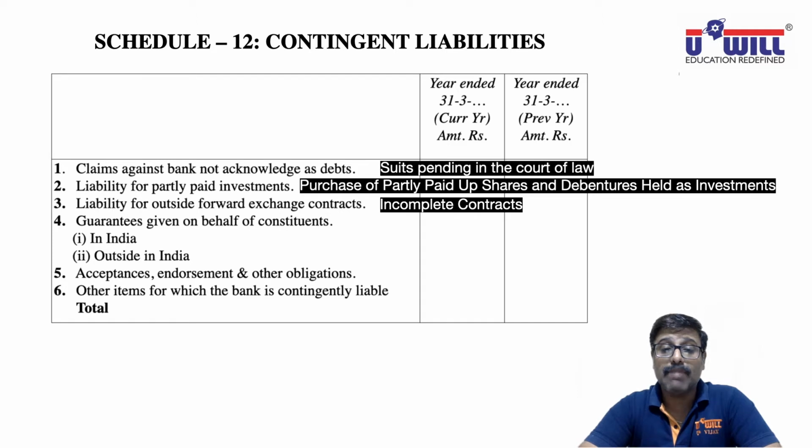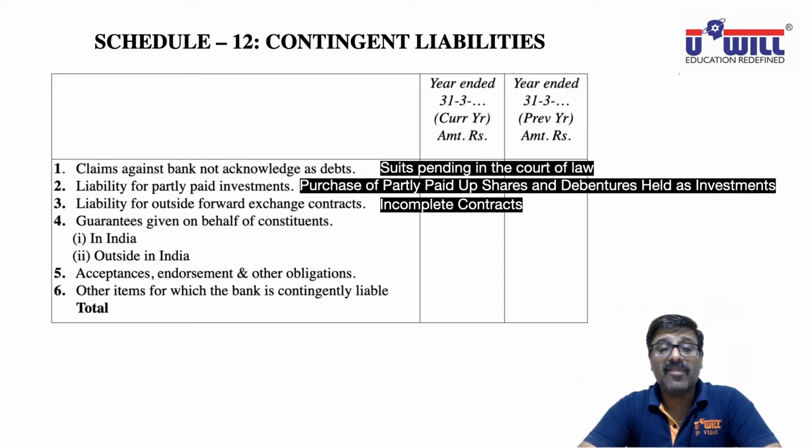Those are agreements which the bank has entered into for the future, but they are yet to be executed. So if the bank does not execute those contracts in future, then it may become a liability for the bank. That's why I said incomplete contracts.